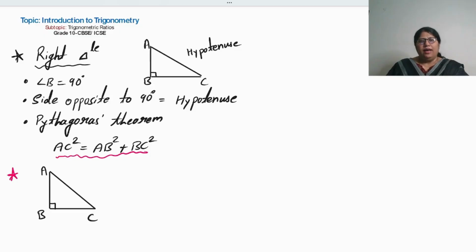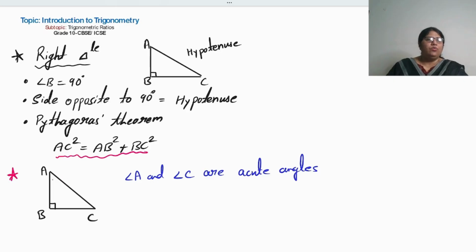Then what are angle A and angle C? Angle A and angle C are acute angles, right? So we learn the trigonometric ratios using these two acute angles.